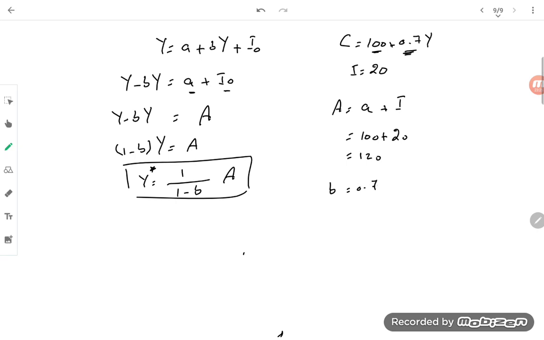So now we can substitute in the equation in order to find the equilibrium level of income. So Y star equals 1 over 1 minus 0.7 multiplied by 120. It will be 400. If you substitute in consumption, you can find the consumption level at equilibrium.